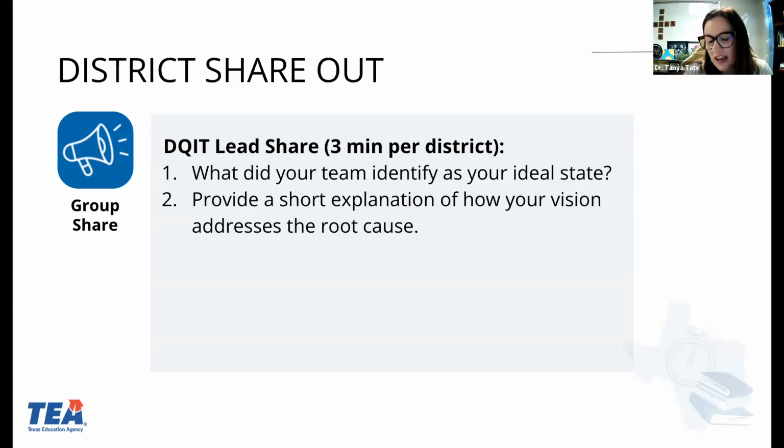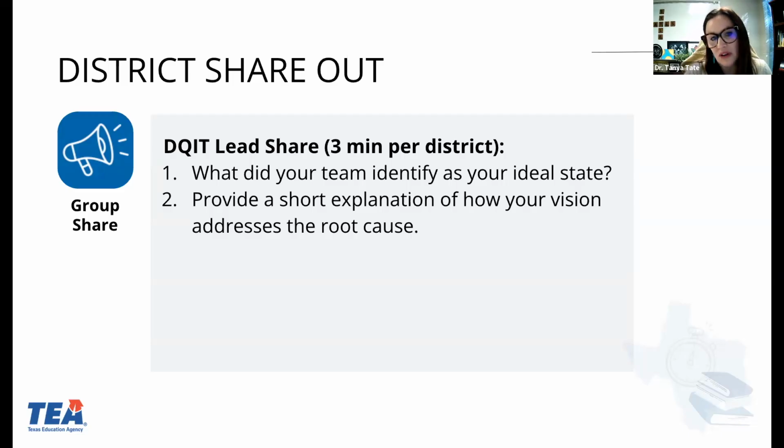We also want to look at how, without addressing the root cause, we're going to continue to get the same results in our PLC, because if PLC time remains generic, lacks a department-aligned focus, and doesn't build on teacher capacity, then we're still going to continue to get the turnover of our academic coaches that we're having.